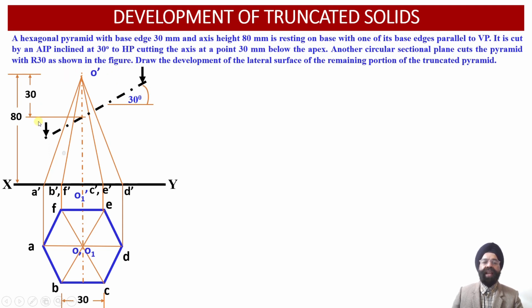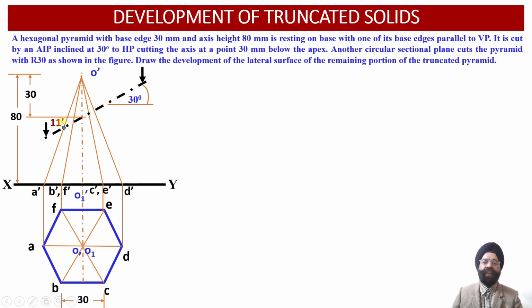So now let us evaluate the points of intersection which are obtained on this cut section, which is obtained by virtue of intersection of the hexagonal pyramid by this auxiliary inclined plane inclined at an angle of 30 degrees over here. So now the slant edge O dash A dash has been cut by this auxiliary inclined plane at the point 11 dash.